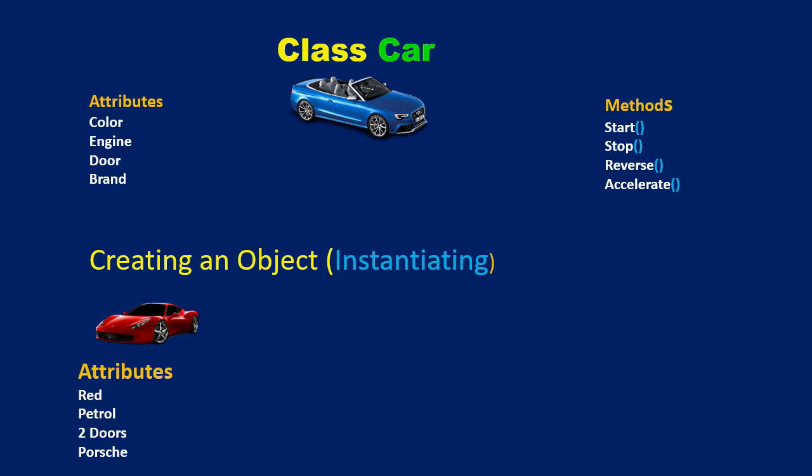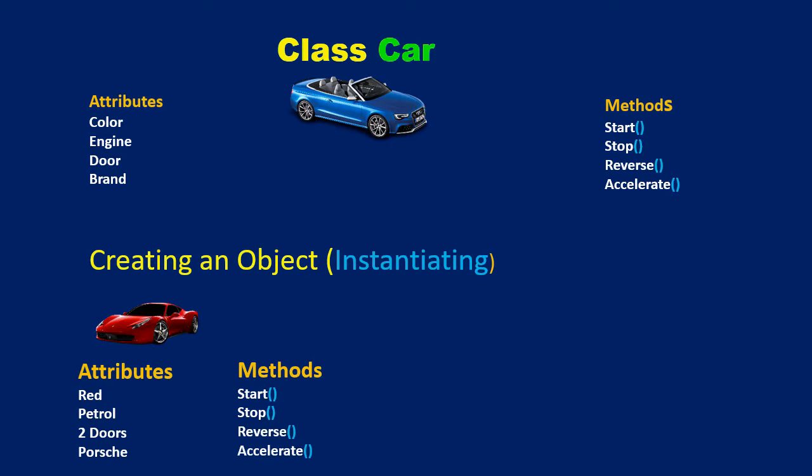The attributes you see here, the red, the petrol, the two-door, and the Porsche, are regarded as values for the attributes in the class. The object can also have methods like start, stop, reverse, accelerate.